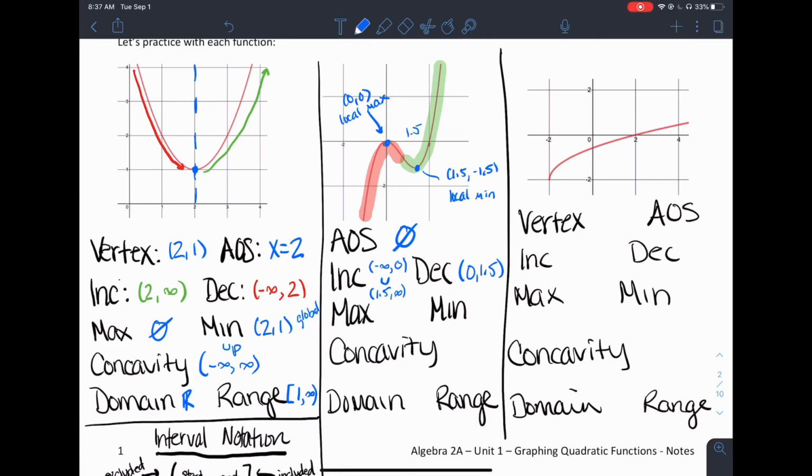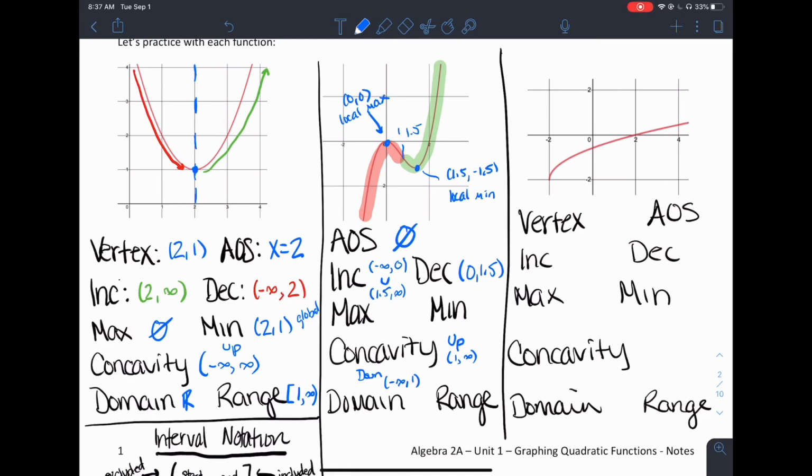Well, my concavity can change. I am concave up from, let's call that 1, from 1 to infinity. Whereas I'm concave down from negative infinity to 1. Your concavity can change as the graph changes.